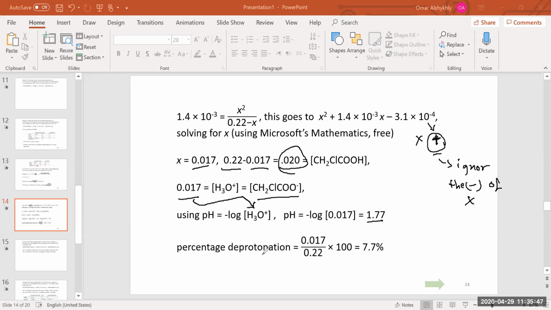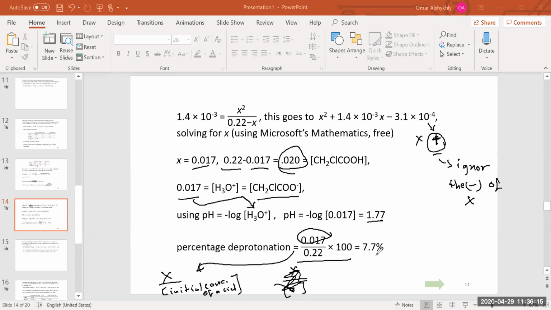And percentage deprotonation is always x divided by the initial concentration of acid, and of course times 100. That's 7.7%.